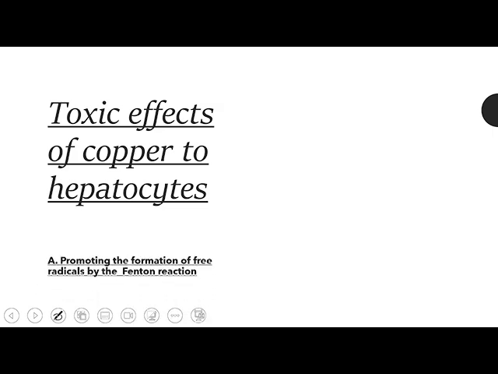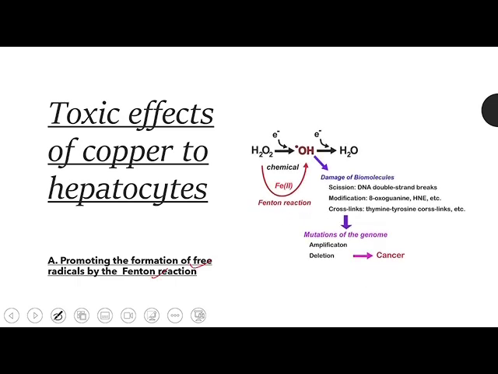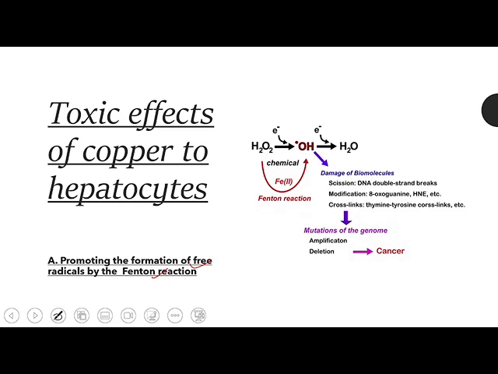First is that the accumulated toxic level of copper leads to the formation of free radicals by the Fenton reaction. Here we can see, every cell has a peroxisome, which leads to the formation of peroxide.